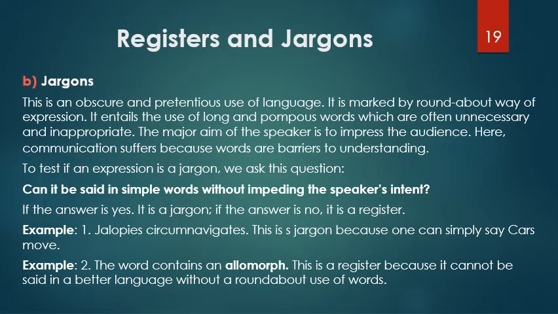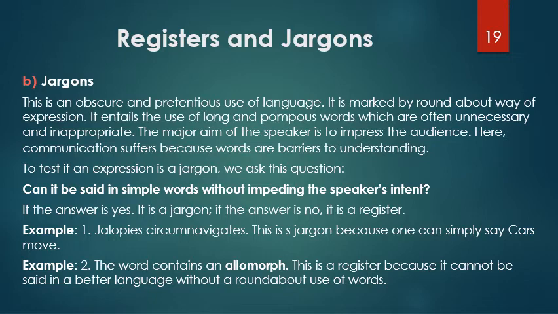Unlike a register, jargon also represents specialized use of language. But what makes jargon and register differ is the fact that the use of language in jargon is obscure, pretentious, pompous. The speaker is trying, in other words, to impress the audience. Take a look at the example on the screen. Example 1: Jalopies circumnavigate.